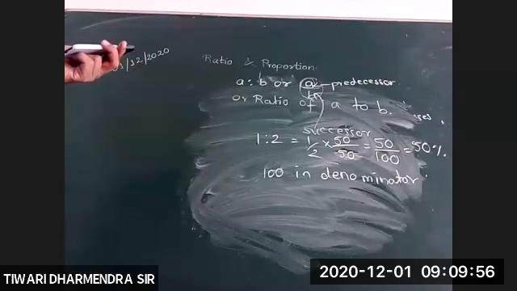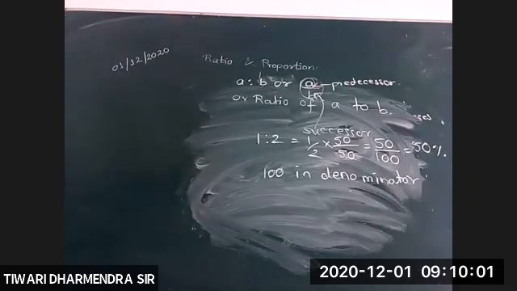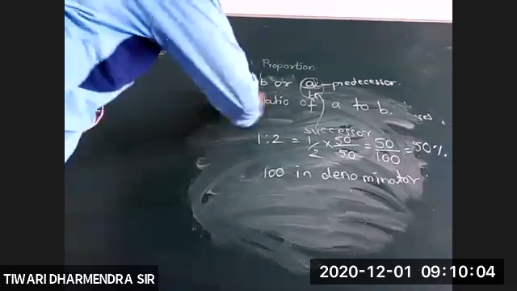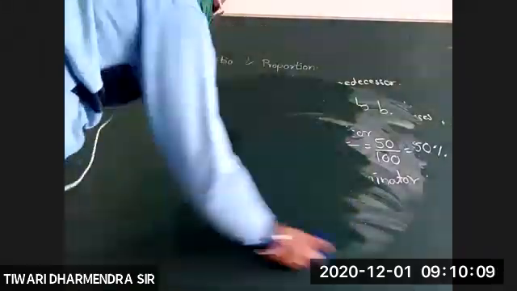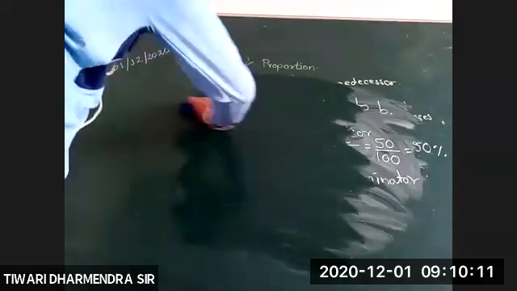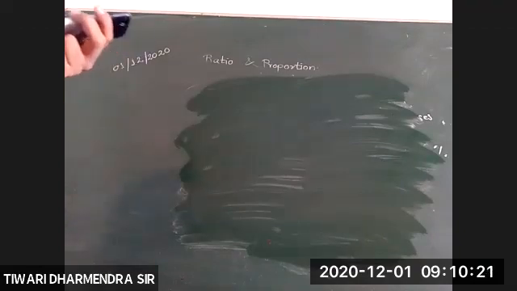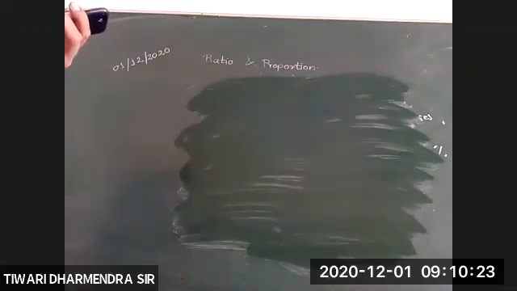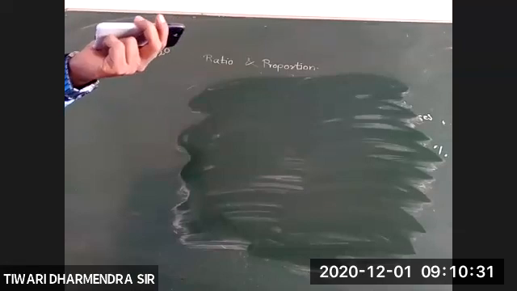Okay, now we'll go to the third property of ratio, which says that if we multiply or divide both the numbers which are in the ratio by any non-zero number k, the ratio remains the same. It does not affect it.